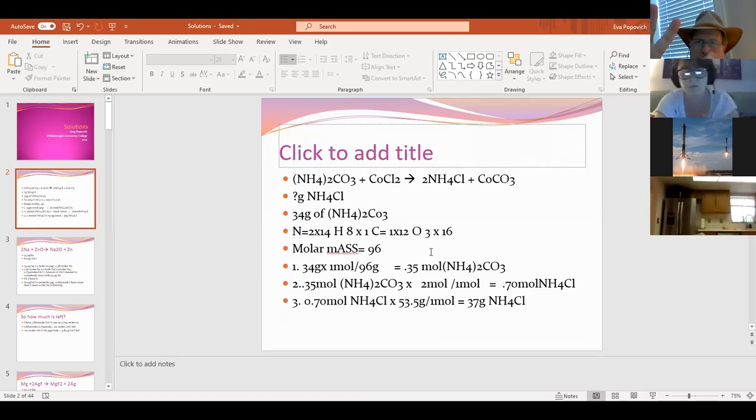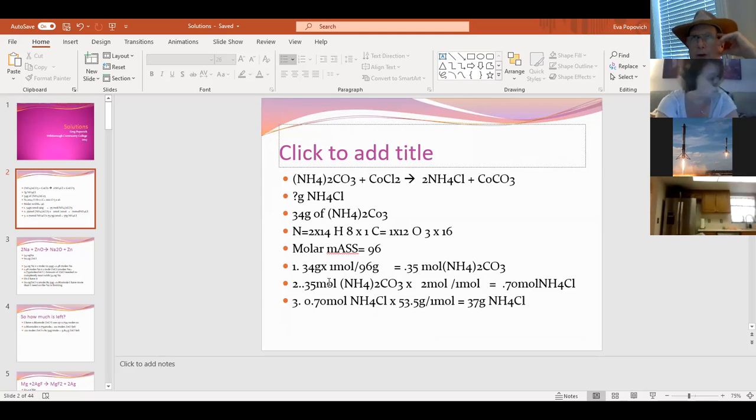Second step, turn your moles of known into moles of unknown by using the molar ratio. Look at the balanced chemical equation. The molar ratio is the coefficient of your unknown over the coefficient of your known. In this case, that's 2 to 1.